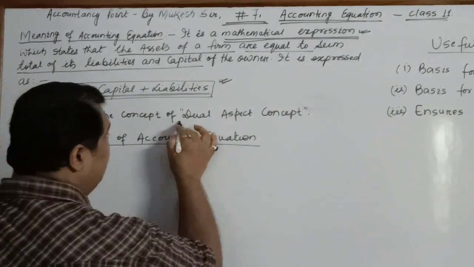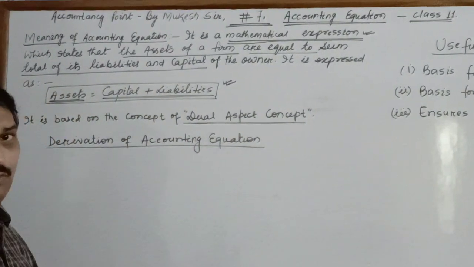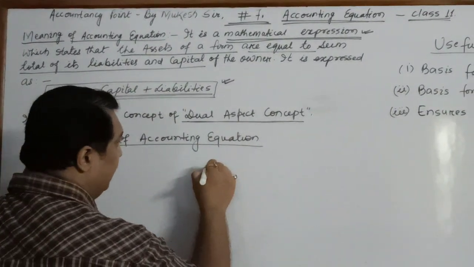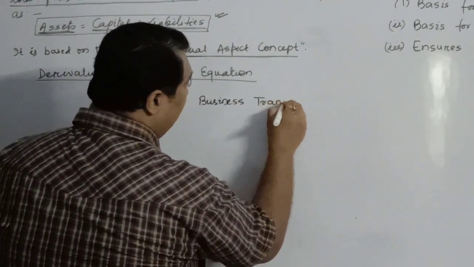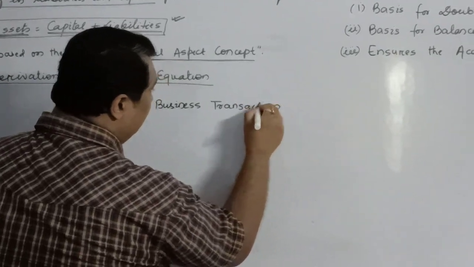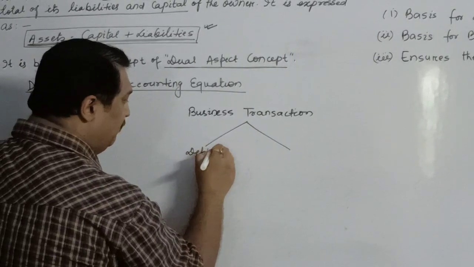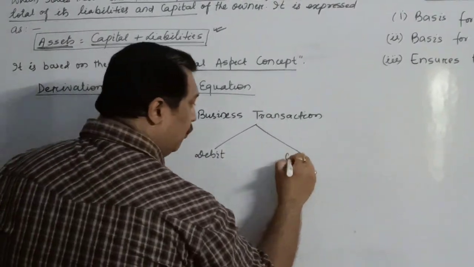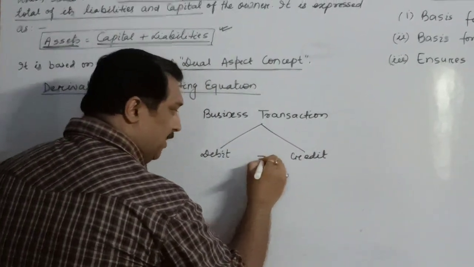The dual aspect concept says that each and every transaction has two aspects. If there is a business transaction, it will have two aspects. One of the aspects will get debited, whereas the other aspect will get credited with the same amount.